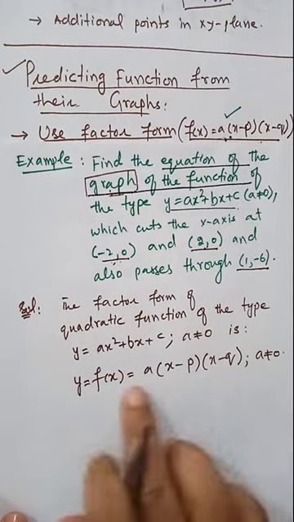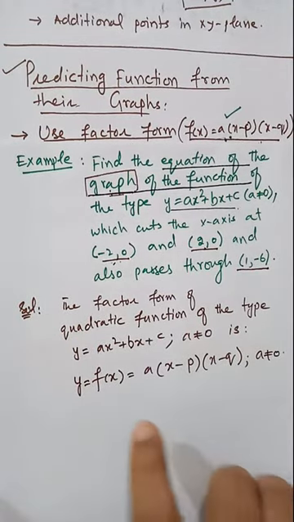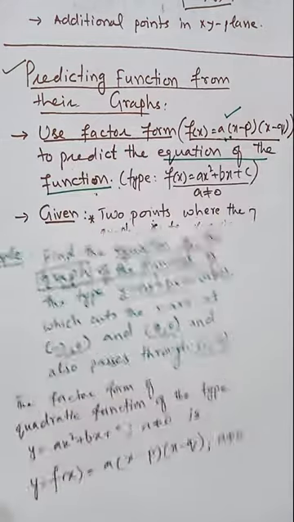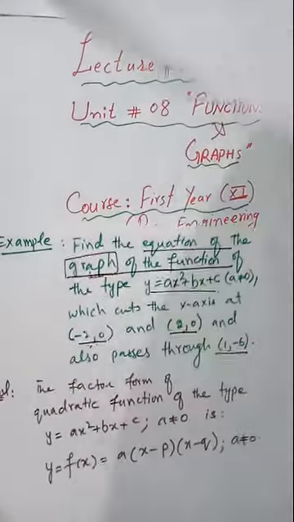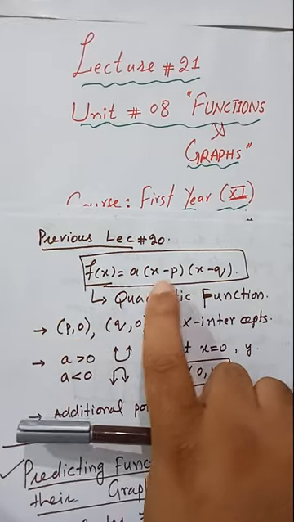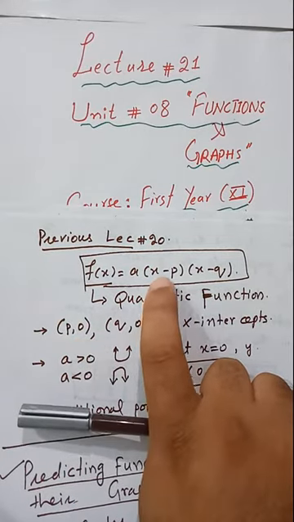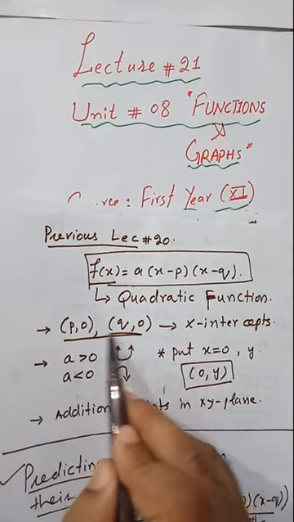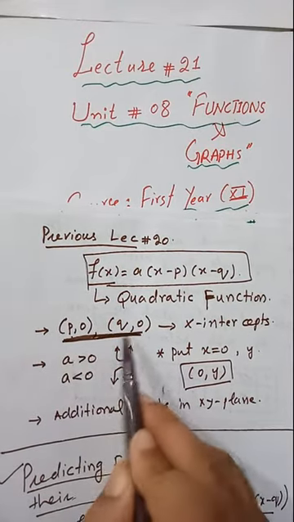So this is the factor form. Now, as I explained at the beginning of this lecture, the graph of a quadratic function given in the factor form must pass through the x-axis at these two points.